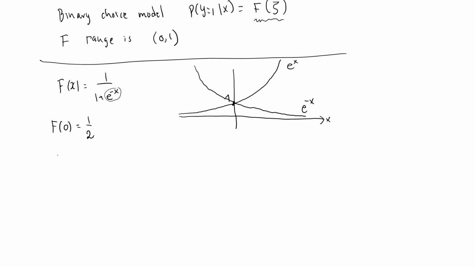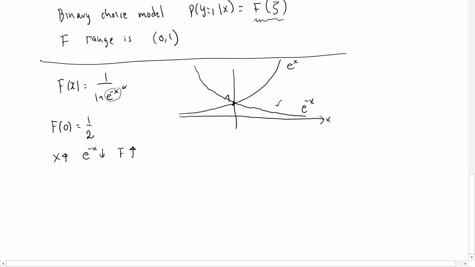Then, as x increases from 0, e to the minus x, you can see here, will decrease. And if this part decreases, the f value will increase. But you can also see that e to the minus x is never negative.